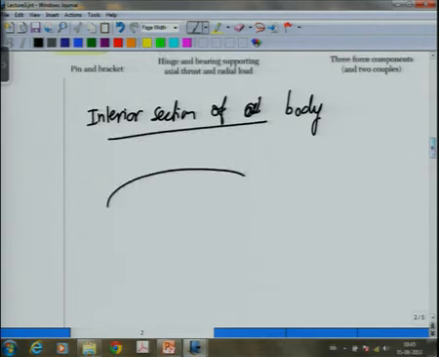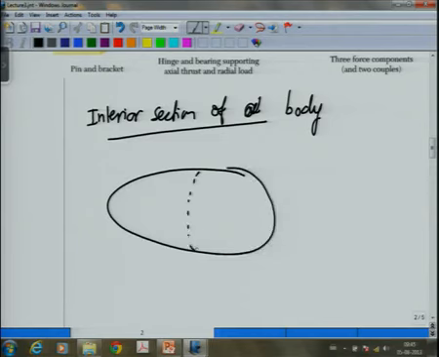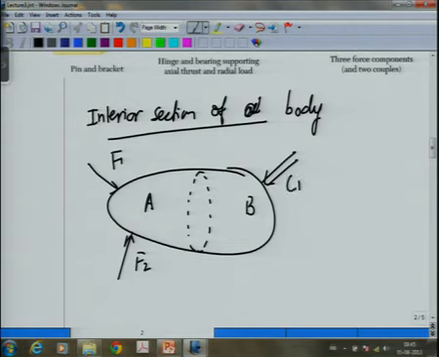That means, I have some body like this, this sort of elliptical type of body, whatever, it is a 3-dimensional body on which I have forces F1, F2, F3 and a couple C1 acting.